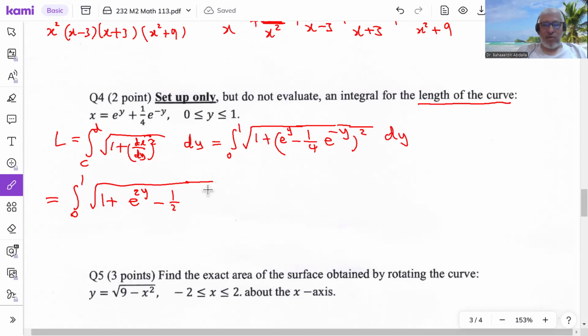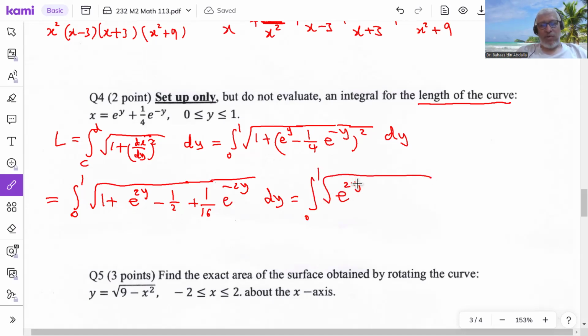This is 2 times the first term times the second term. Then plus the square of the second term, which is 1 over 16 e to the power negative 2y. And I can finally write it as the square root of e to the power 2y, 1 minus half would be positive half, plus 1 over 16 e to the power negative 2y.